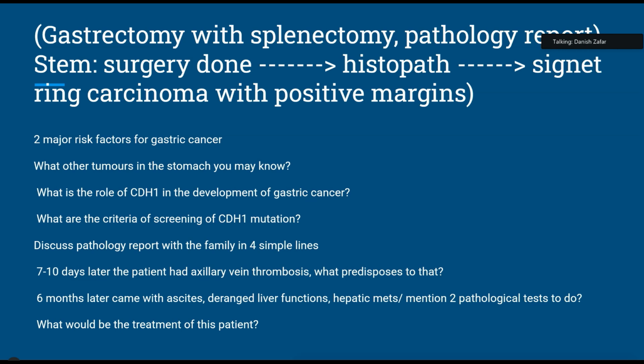Okay, so what will be the treatment for this patient? Well, this patient has advanced disease, so his treatment is mainly palliation. It's mainly supportive to control pain and to give him adequate nutrition. Yes, that is nutritional support, pain control, and then control of anemia by giving supplements or blood transfusion as the case may be.